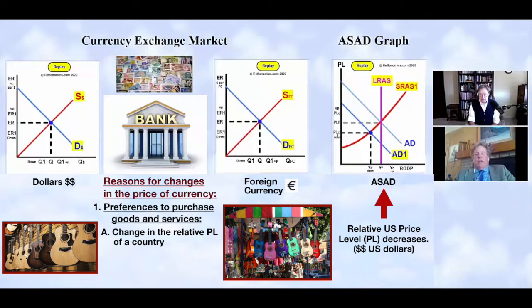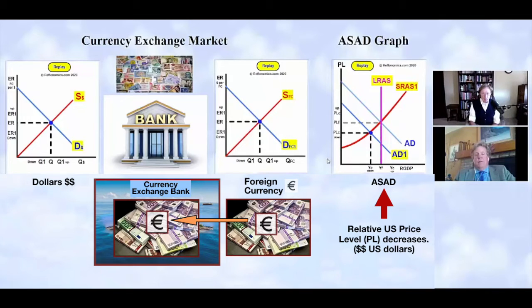So Eric, what do you think would happen in the foreign currency exchange market for buying U.S. goods? The supply of euros is going to increase in that market. Whenever American goods become cheaper relative to someone else's currency, they're going to want to buy more goods in that market. So the explanation in the currency market is first, euros are going to increase in supply.